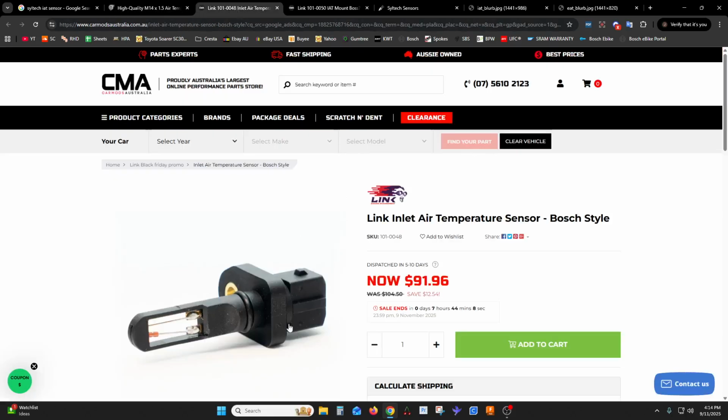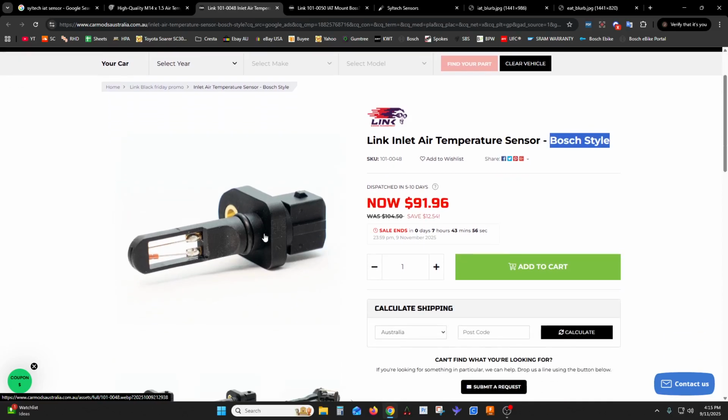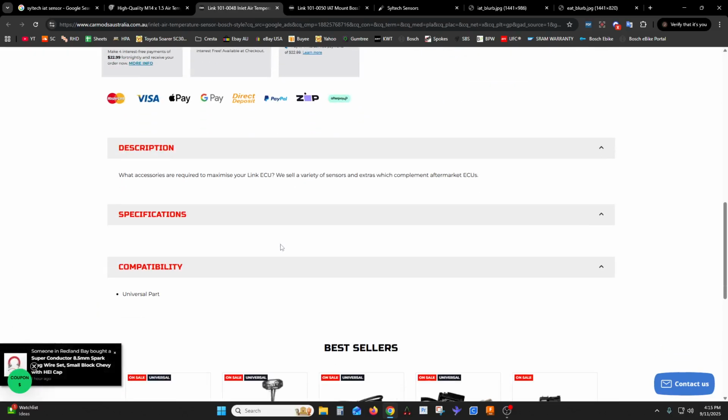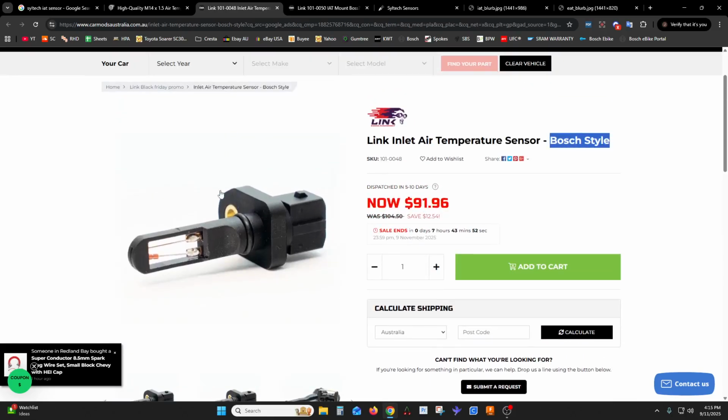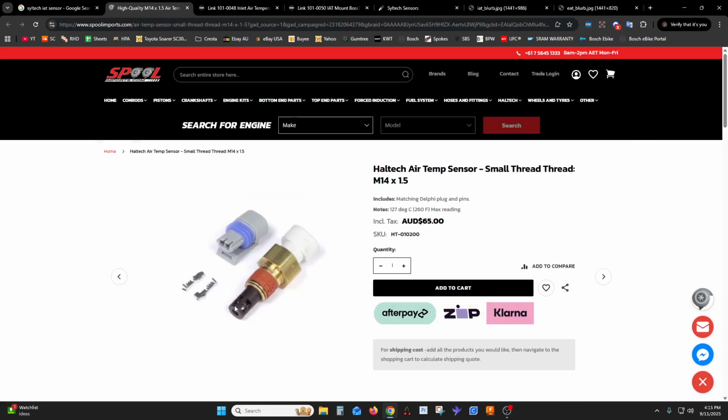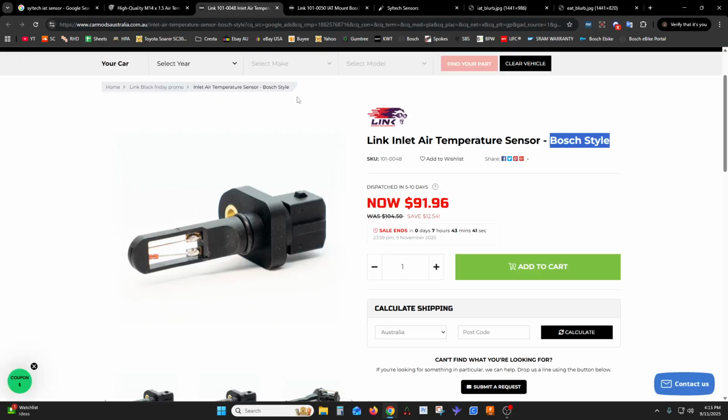The sensor I put on my Link when I first set it up was this. It's actually a Bosch sensor. I think it's a glass bead, maybe. But this is one of the more modern ones. It has a speed of 3 milliseconds, whereas this one was 20 milliseconds.